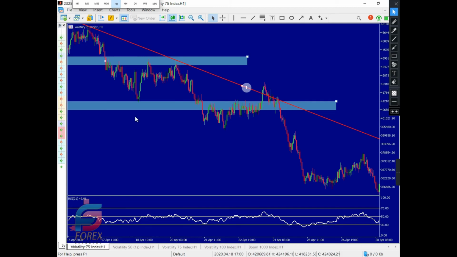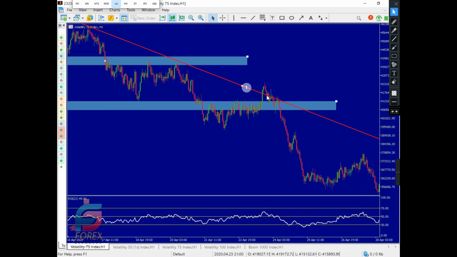So it tested that level, put your stop loss there, enter when the candle closes below the trend line, or if you are using my parabola, the signal will come in 15 minutes, around this area.